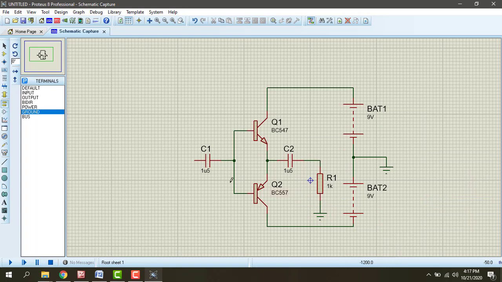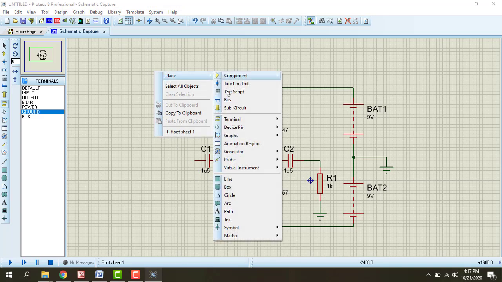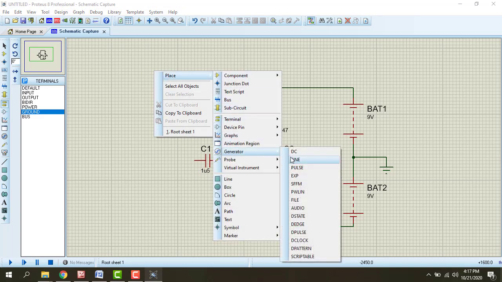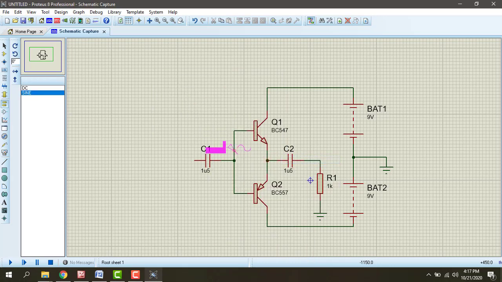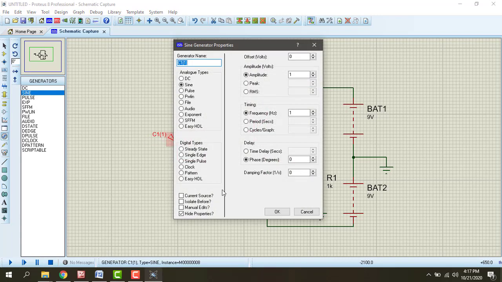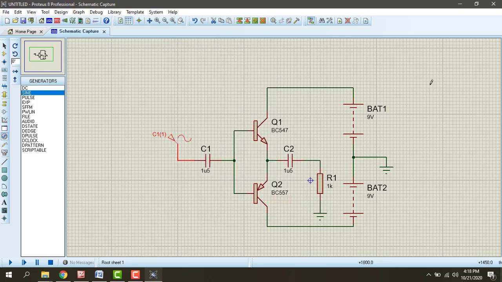Okay. Then we are going to give the input. Again press right click, place, generator, here sine. We are going to give the sine waveform input. Here for the amplitude, double click the signal, and the amplitude I am going to give 2 volts, and frequency some 100 hertz. Okay.